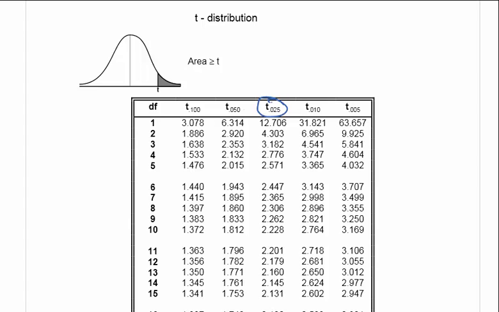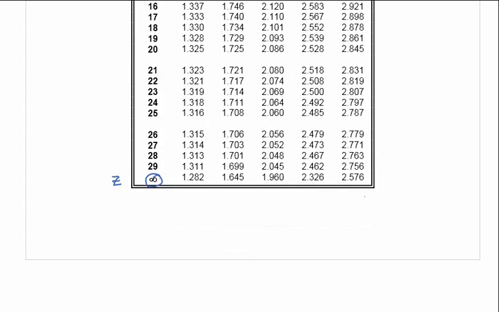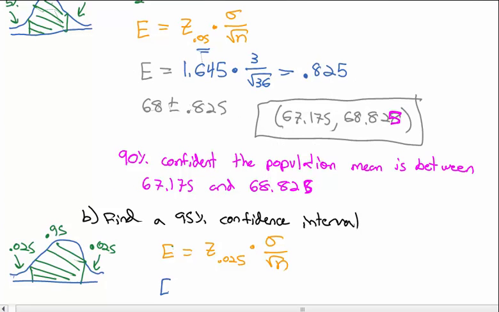So 0.025 in the tail, that's the center column. Now z is 1.96. So the error is equal to 1.96 times the standard deviation of 3 divided by the square root of n, which is 36. 1.96 times 3 divided by the square root of 36. Now the error is bigger. Now the error is 0.98.